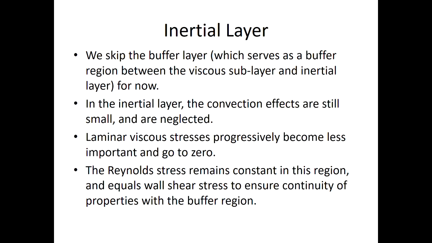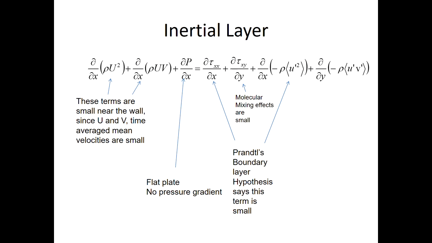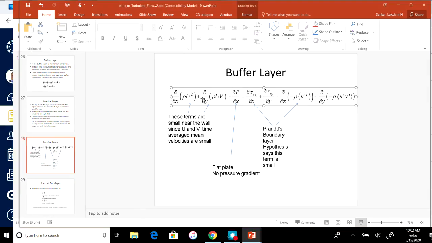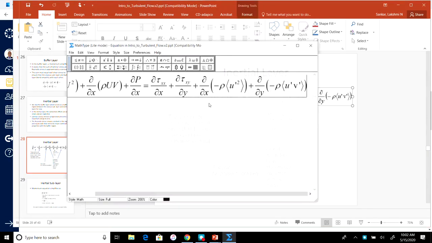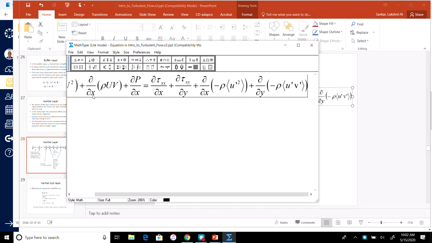Inertial region means velocity gradients are important. Eddies are important. So again, several terms disappear. Again, the second term should be d by dy. Should be y.